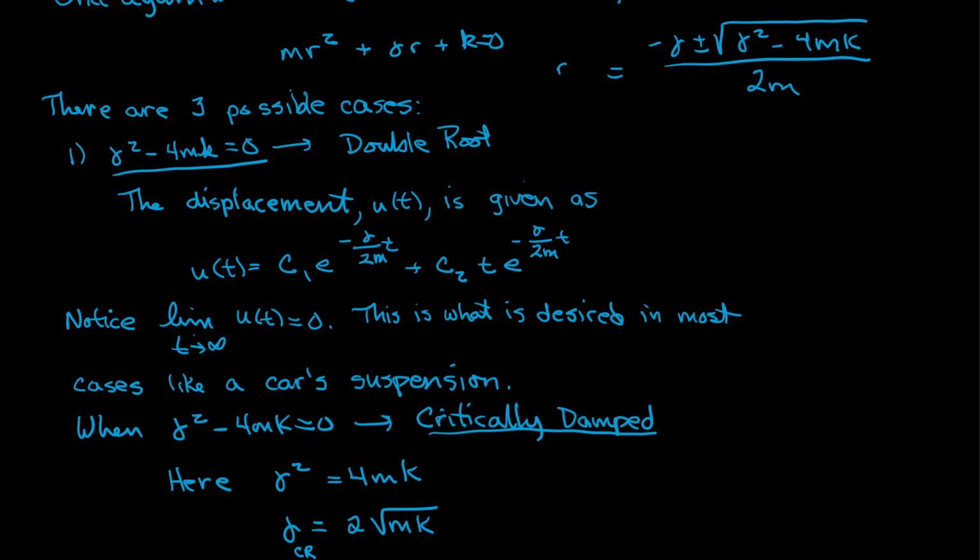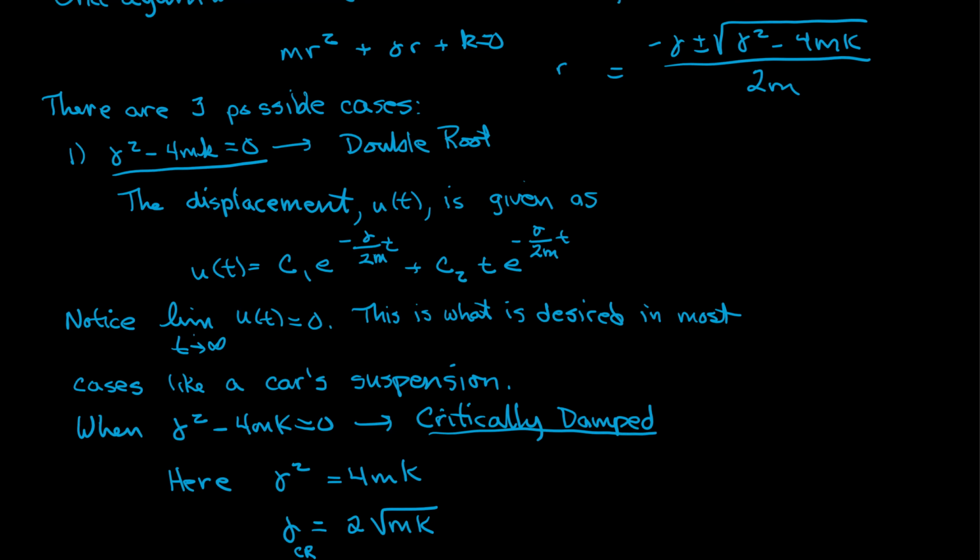When we have a double root, recall that when we're creating our solution, the displacement equation, one term is just going to be e with the exponent. The other term is going to be our independent variable, in this case t, times e to the same exponent.